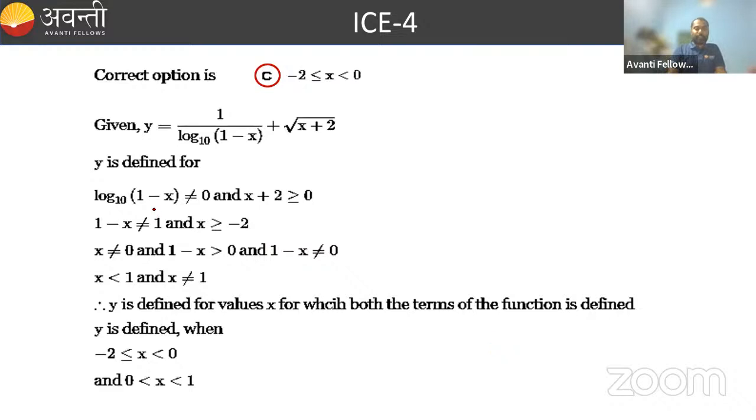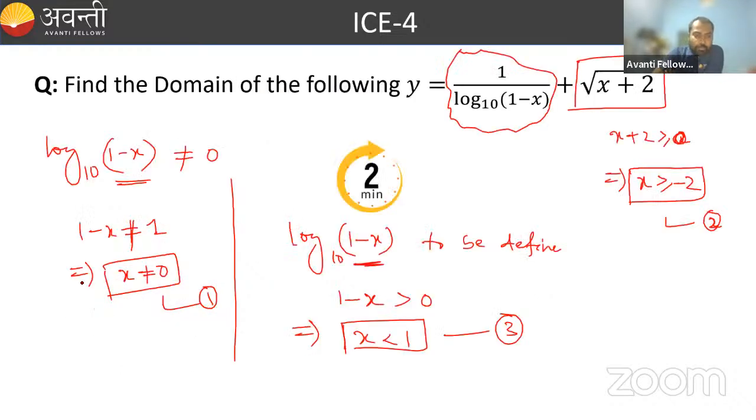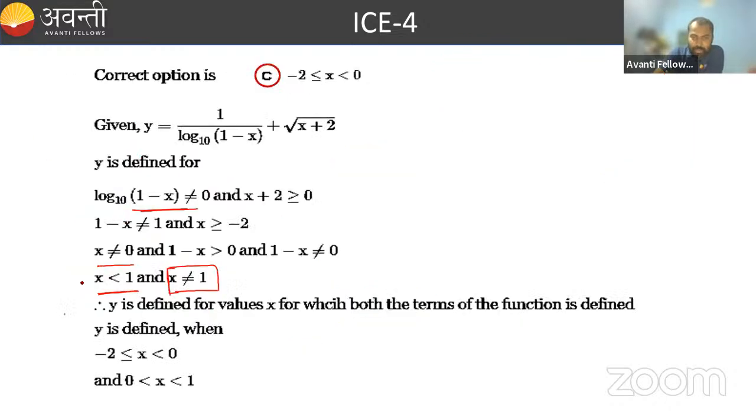See, first we have taken this: x is not equal to 0, x is less than 1, and x is not equal to 1. Acha, x is not equal to 1 also, because 1 minus x is greater than 0. Already we have got this, na? 1 minus x is not equal to 0, greater than 0, right? We have taken this one. x is less than 1, x is not equal to 1, and x is greater than or equal to minus 2. The same thing. These three things we are getting.